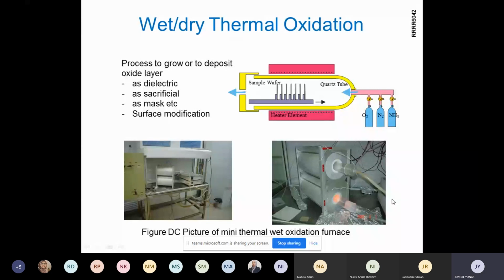The oxidation process is used to grow or deposit an oxide layer, such as dielectric, sacrificial, for masks, etc., or for surface modification. This is the schematic of the instrumentation of the equipment.